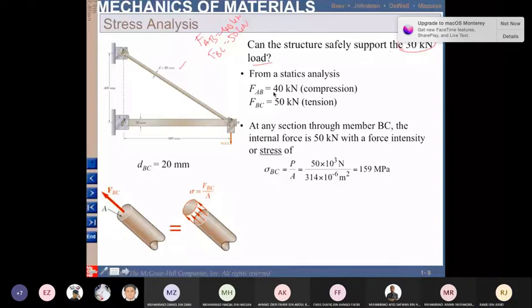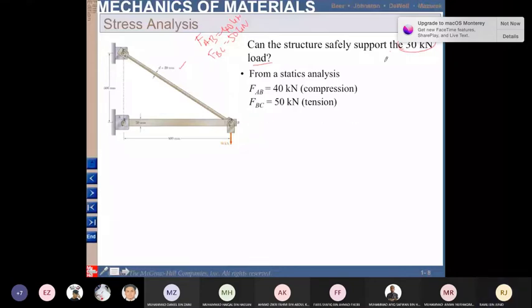So if you calculate for FBC, the stress in BC, you know that stress is equal to P over A. P or F is the same thing.